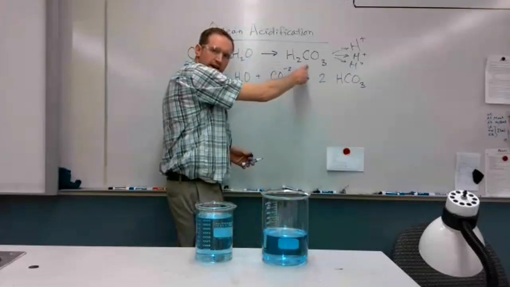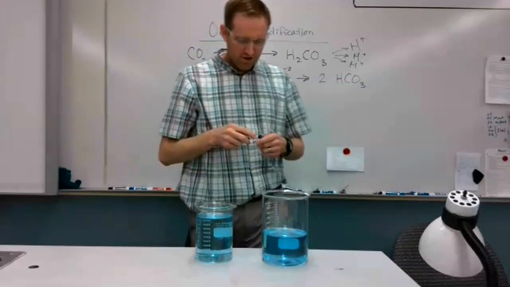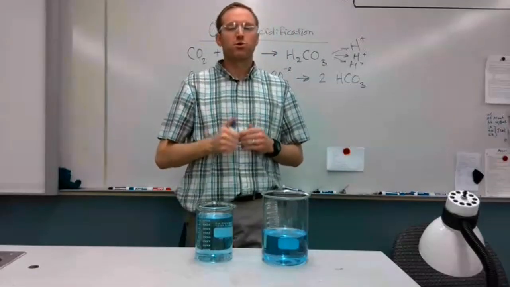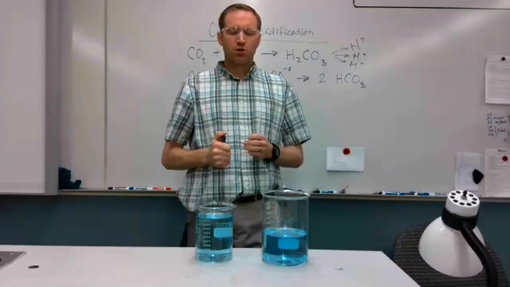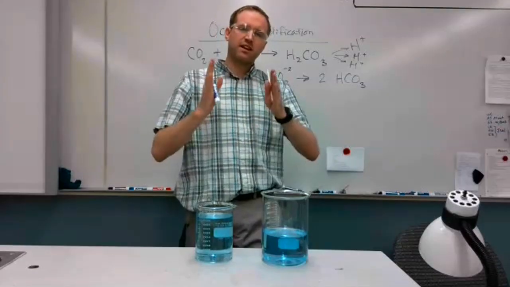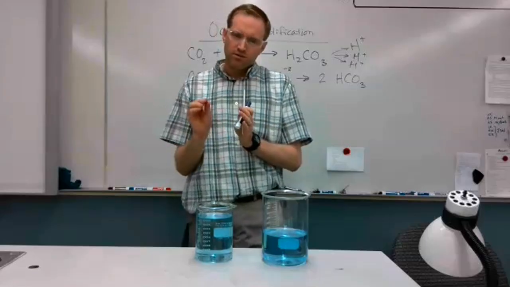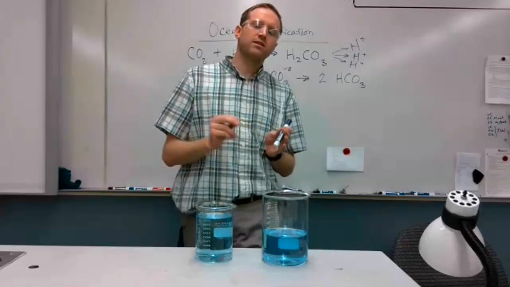So this carbonic acid is produced. Now seawater actually is a little bit basic. It has a pH of 8.06. So when we say ocean acidification, the oceans are not acidic, but they're moving toward being acidic.